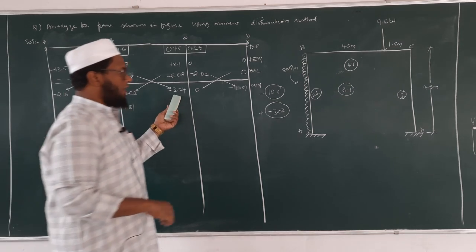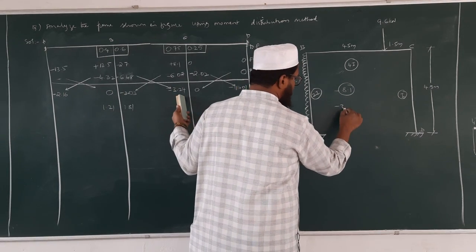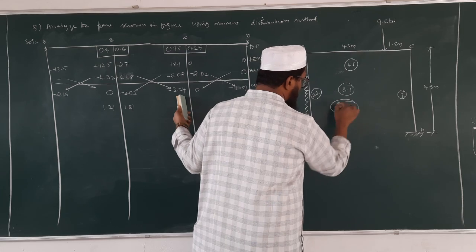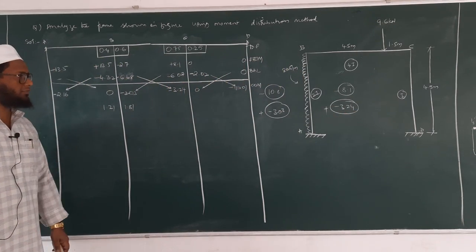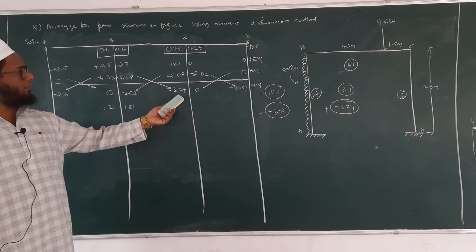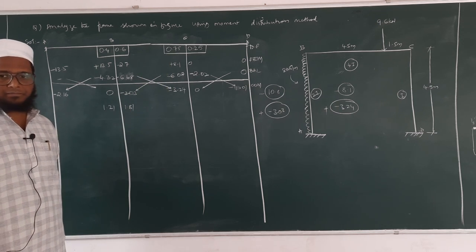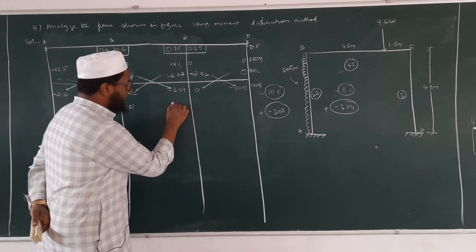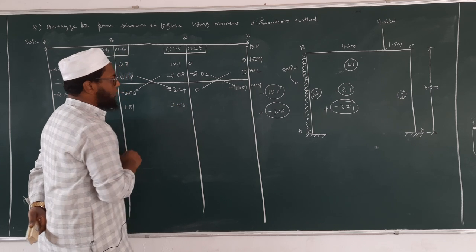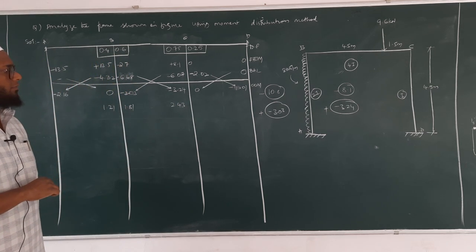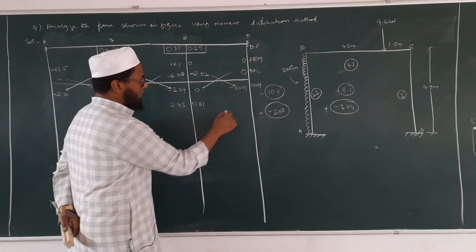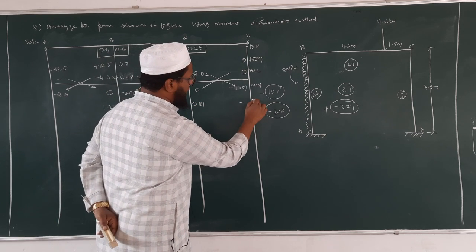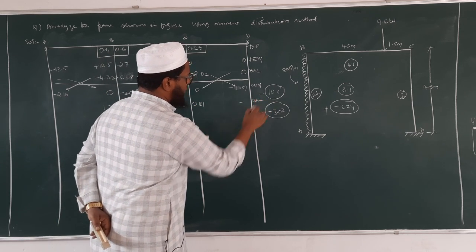Here you see we have minus 3.24, so we'll convert it to positive. Plus 3.24 into 0.75 is 2.43. Next, 0.81. Here no need to do anything. So this step is your balancing.